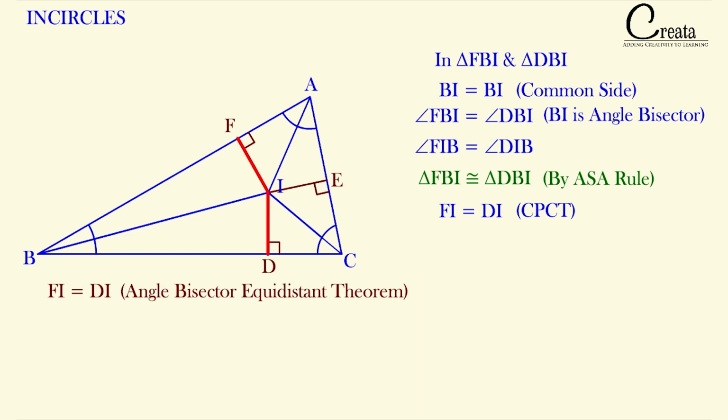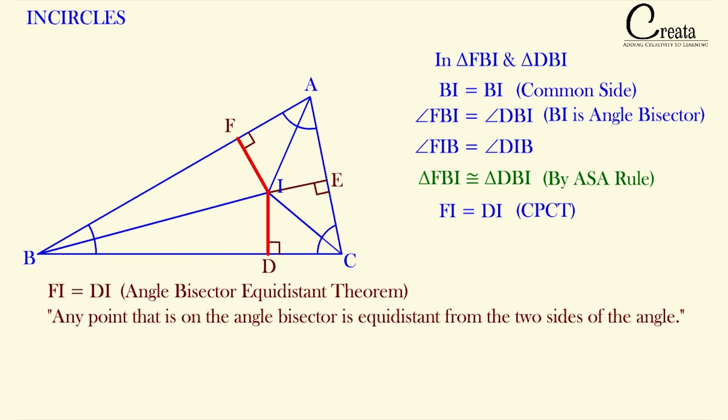This is the result of the angle bisector equidistance theorem. That is a part of the basic geometry; I am just adding a small concept. As per the angle bisector equidistance theorem, any point that is on the angle bisector is equidistant from the two sides of the angle. It means that if BI is the angle bisector of angle B, and AB and BC are the two sides, then if we take any point on this angle bisector, say point I, this point will be equidistant from these two sides.